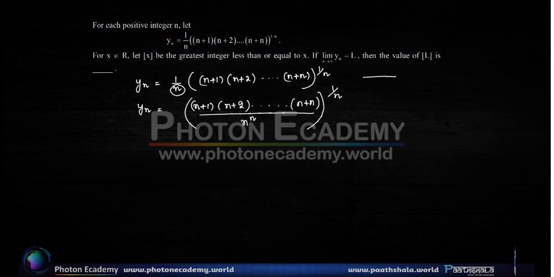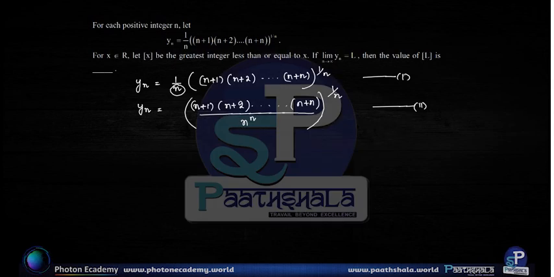We represent the first as equation number 1 and this is equation number 2. So equation 1 and 2 are the same. We have just written it in a way so that it becomes a whole something to the power 1 by n.